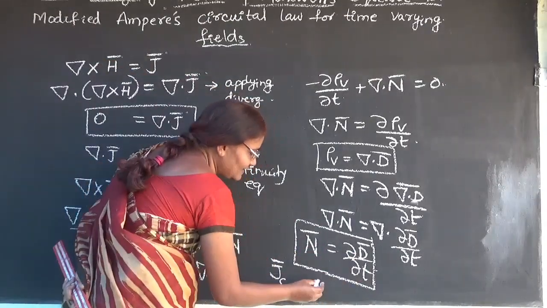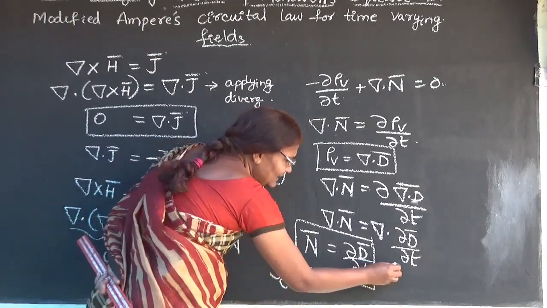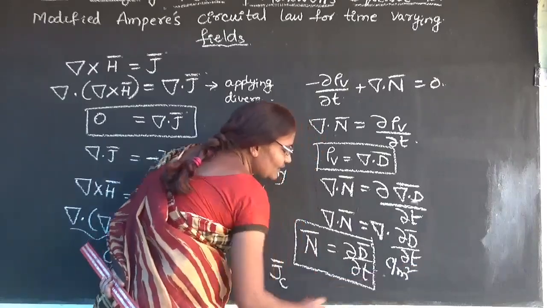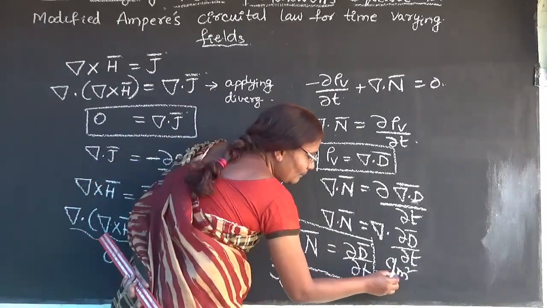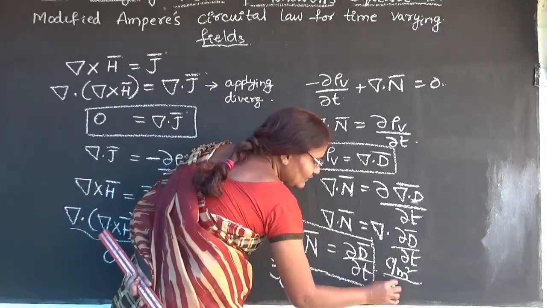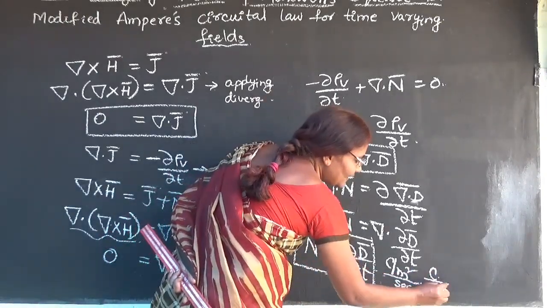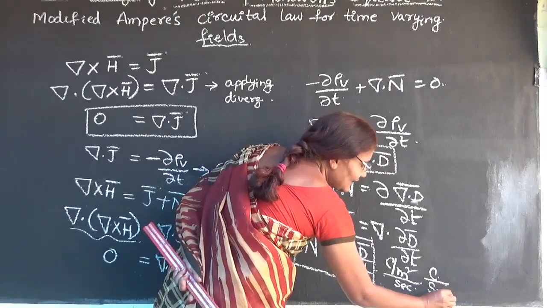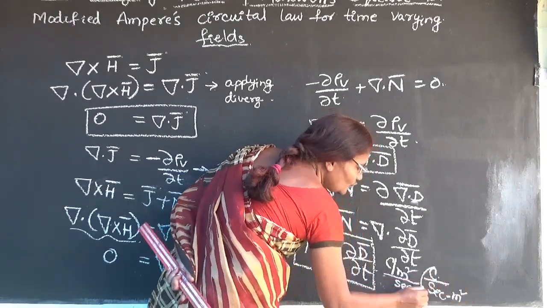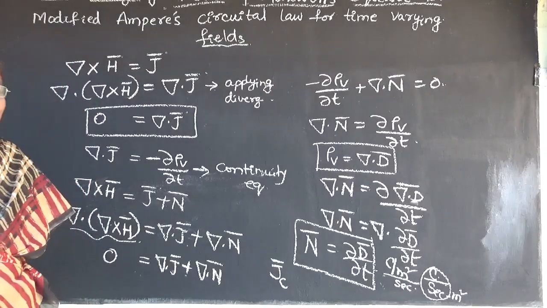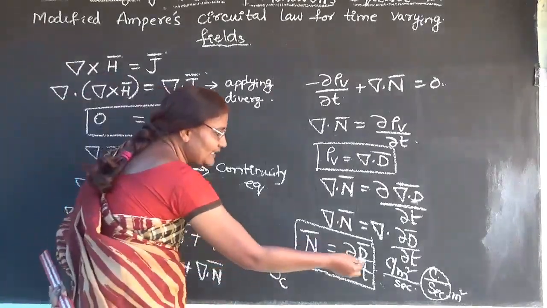So let me write this. D bar is Coulomb per meter square, by time second. If I write this, Coulomb per second meter square. What is Coulomb per second? What is charge per time? Q by t, which is nothing but current.